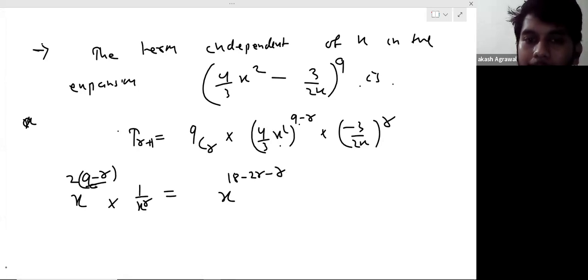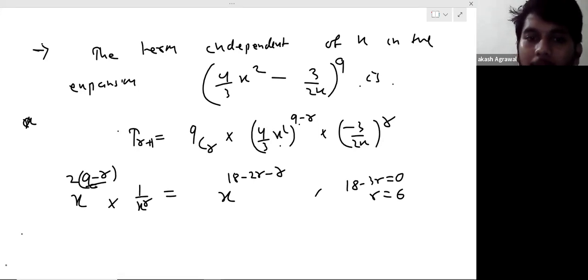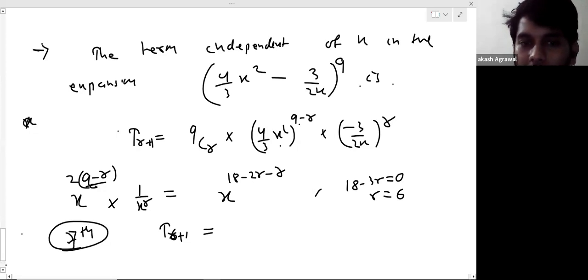When you put 18 minus 3r equals 0, you get r equals 6. Now tr plus 1 is t6 plus 1, that means the 7th term. The answer is the 7th term is independent of x.